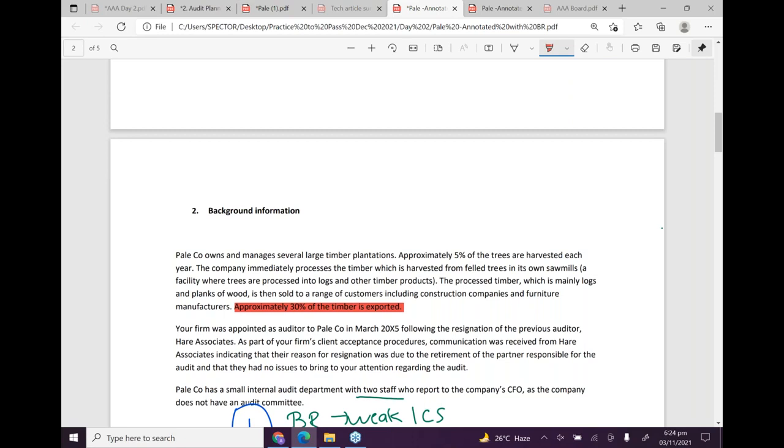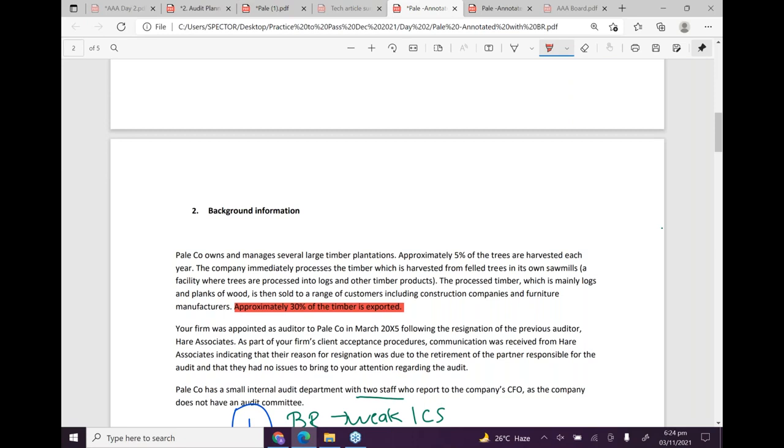Unless I tell you this is the first year they exported timber, then sure, talk about all the stories you were writing, the currency issues, the operational delays, etc. However, if they've been doing this for some time, I will only give you the marks if you link it to the scenario. So regarding the export, the industrial action is the only relevant linkage that you would get marks for.